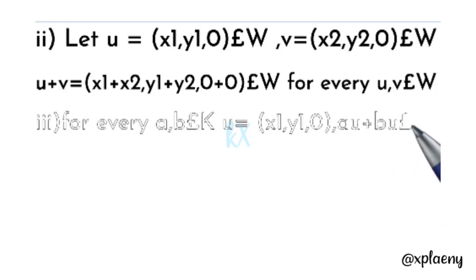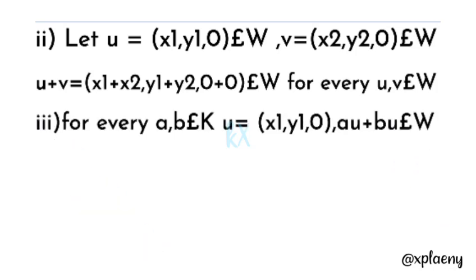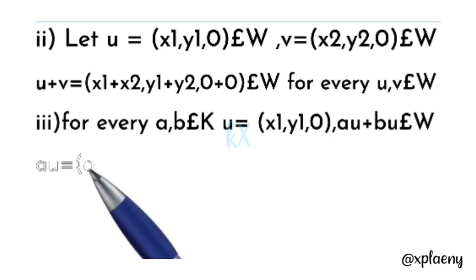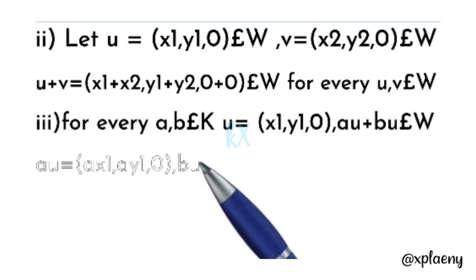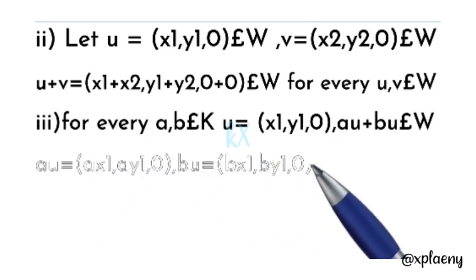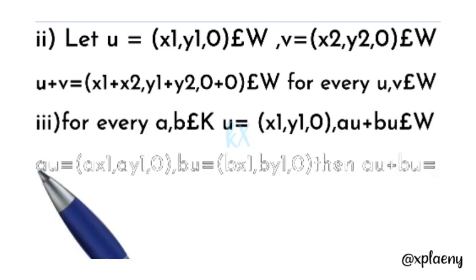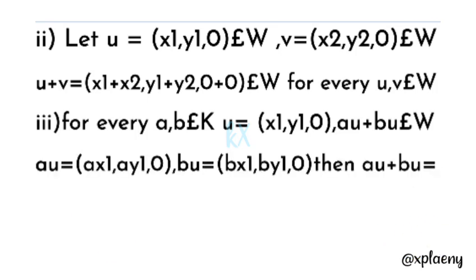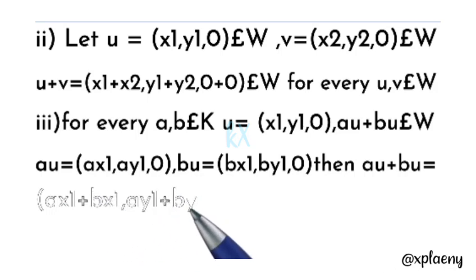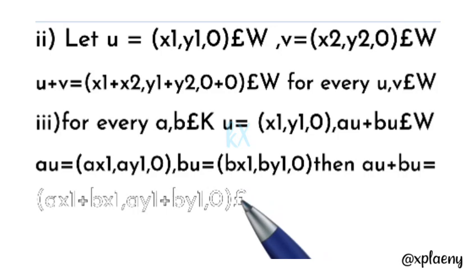So for the third one now, to see if it is closed under scalar multiplication, we need to make use of a distributive property from our vector space, that is au plus bu is in our subspace for every a, b that is in our scalar field. So we just take u to be x1, y1, 0. From there, when we multiply by a, it becomes ax1, ay1, 0 in bracket.